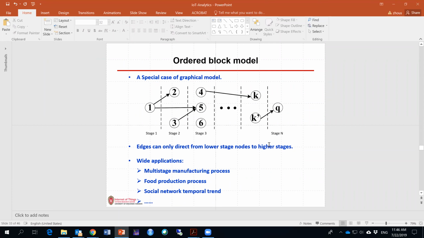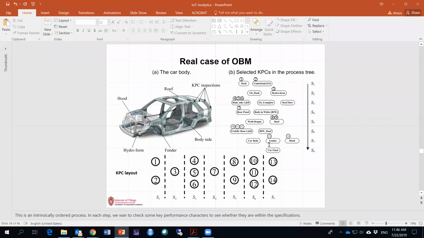And a typical application is in the multi-stage manufacturing process. Let's take a look. In a multi-stage manufacturing process, we produce the product at multiple stages. At each stage, we may have some key product characteristic, like a quality measure. Like in an assembly process, we may have a dimensional quality achieved at a different stage.